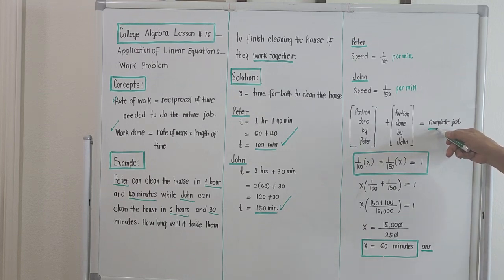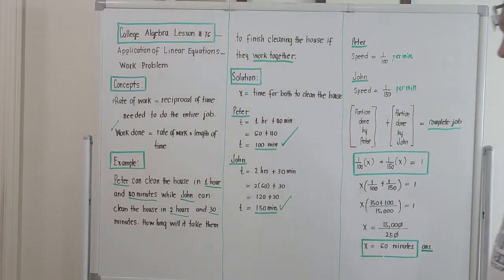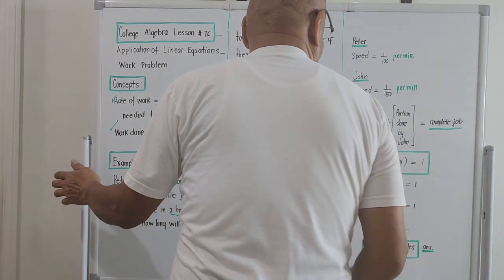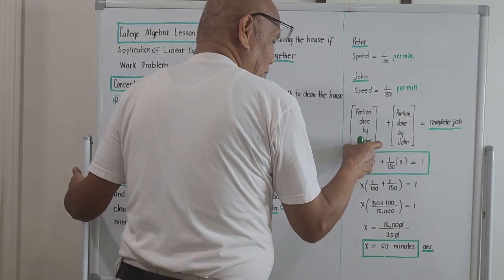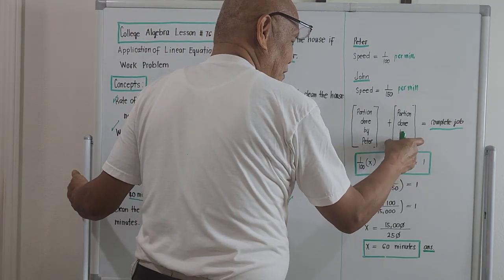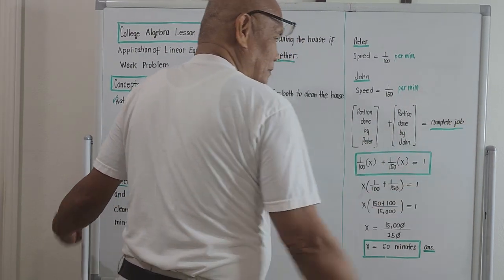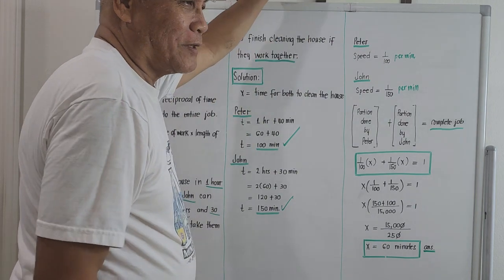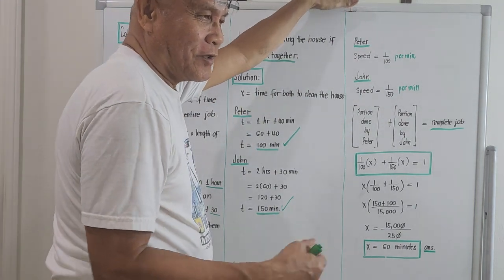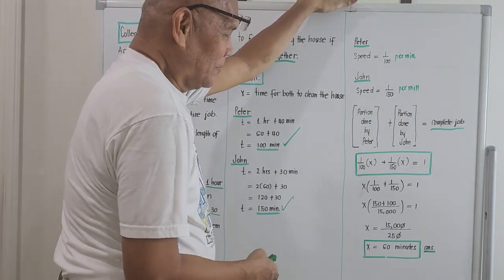As simple as that. Have you got it, guys? The work done by Peter plus the work done by John should be equal to the complete job. Okay, that's our translation of the worded problems, right?